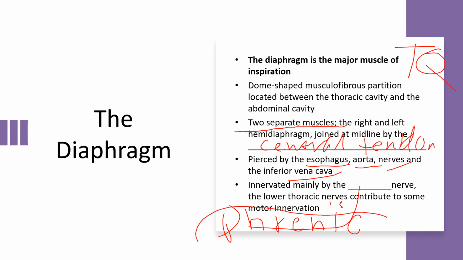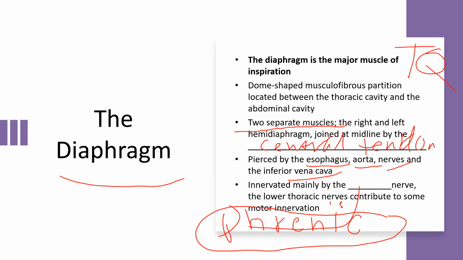So if we have a high C-spine injury and a phrenic nerve injury, we may not be able to send efferent impulses that reach the muscle of the diaphragm to contract. Now, one of the things I want to make sure you understand here is that the diaphragm is what type of muscle?